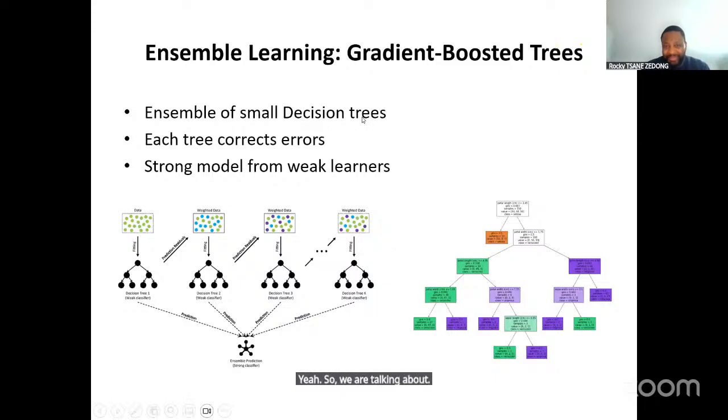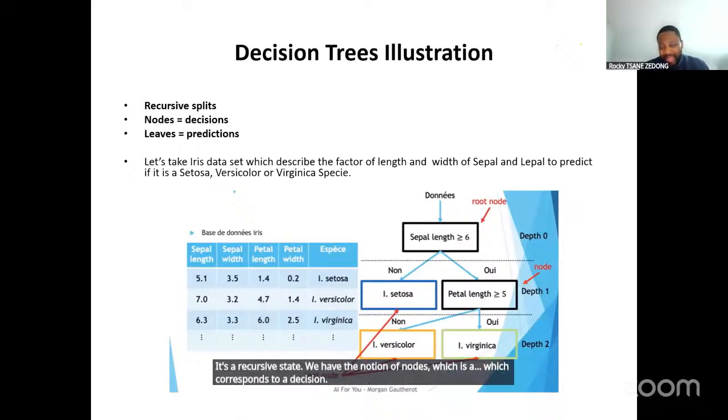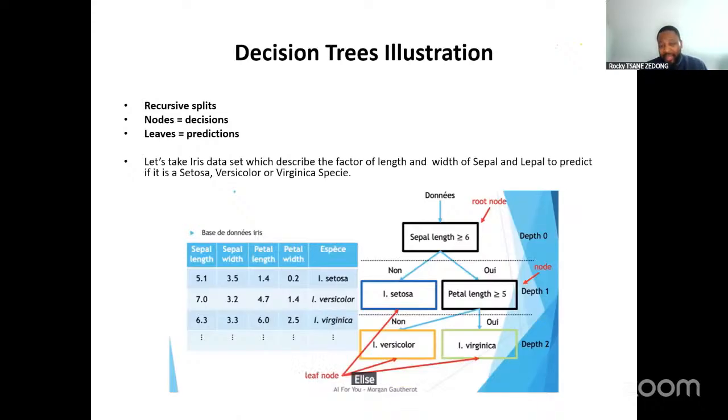So we are talking about decision trees to define gradient boosted trees. What is a decision tree? A decision tree is like a tree that helps us make a decision from an input. It's a recursive split. We have the root, the notion of a node, which corresponds to a decision, and leaves, which correspond to a prediction.